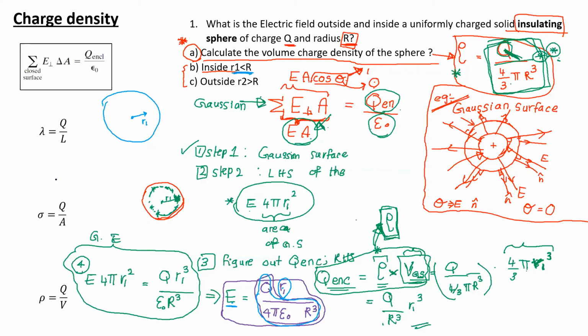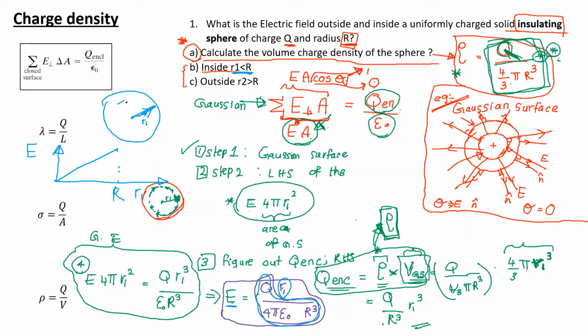This is very important because in multiple choice problems, they like to test this very often. Variation of the electric field with the radius. Can you see that it starts from 0 and increases till capital R, till the radius? When it goes this way, the electric field increases.